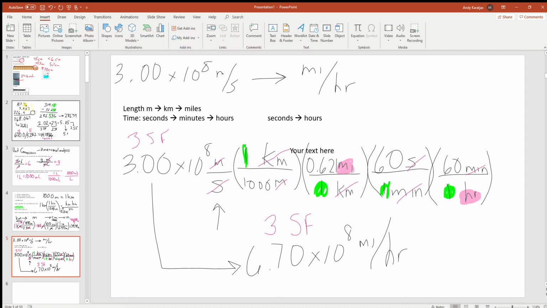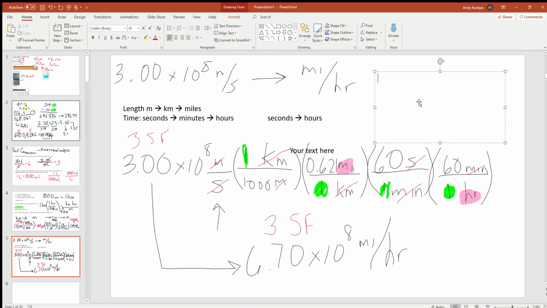Well, the key here is that unit conversions are generally exact values, especially the metric ones. Therefore, we treat them as being infinitely significant. In other words, these conversion factors contain essentially an infinite number of significant figures. They contain as many significant figures as we need them to.